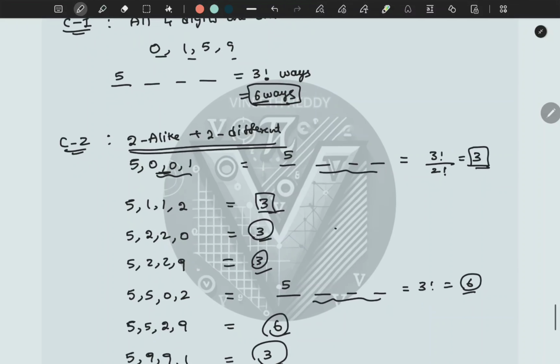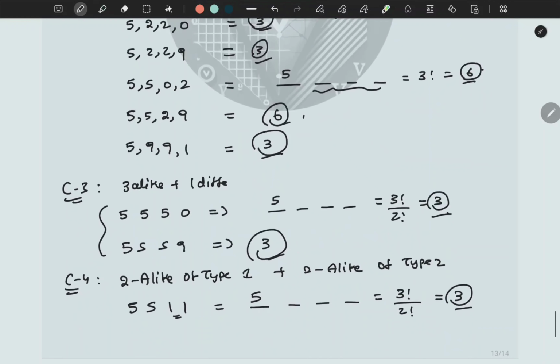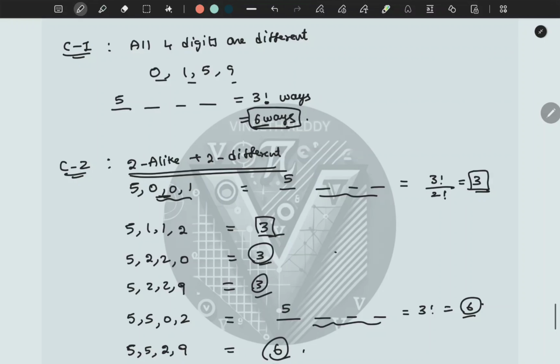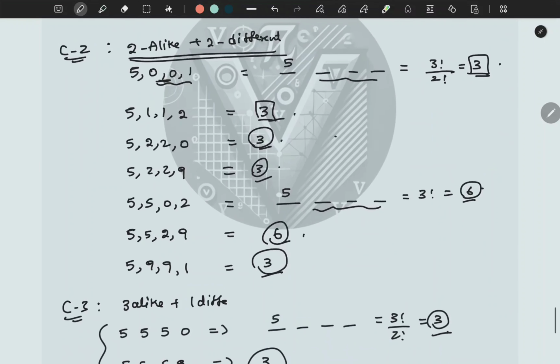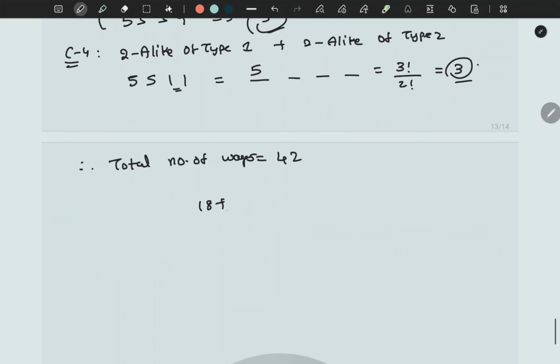Okay, how many times is 6 present? 6 is 1, then we have 2, then we have 3, that's it. So 6 into 3 is 18. Let me once again calculate. And how many times is 3 present? 1, 2, 3, 4, 5, 6, 7, 8. So it should be 3 into 8 is 24, 24 plus 18 is 42. I think 42 should be the answer, dear students.